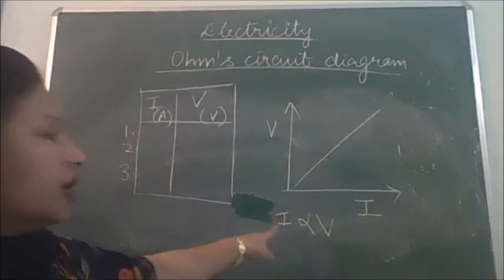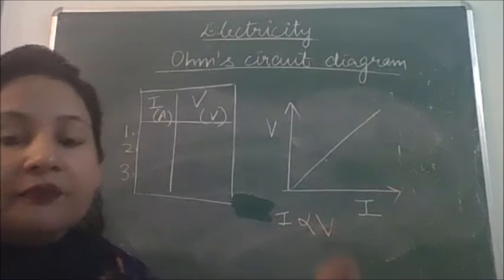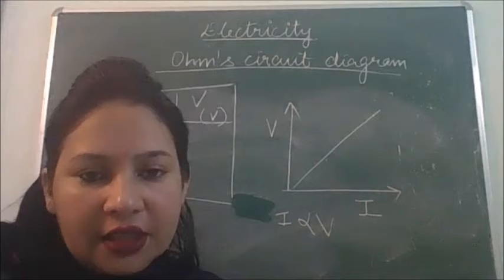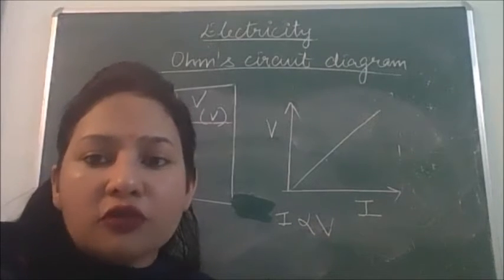current flowing through a conductor. What is this I? Current flowing through a conductor. Conductor means that wire that we have connected in the circuit whose resistance we want to find.